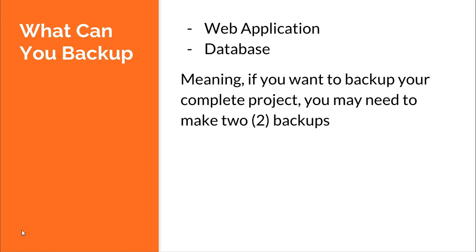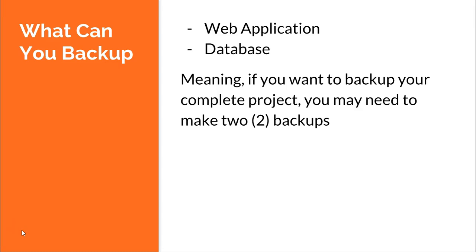Now, first of all, in RunCloud.io, when you've got your server connected, whether it's on Linode, DigitalOcean, Vultr, or anything else, the things that you can back up are the web application and the database. These are backed up separately. So if you want to back up your whole project, you need to make two backups: one for the web application files, and one for the database.